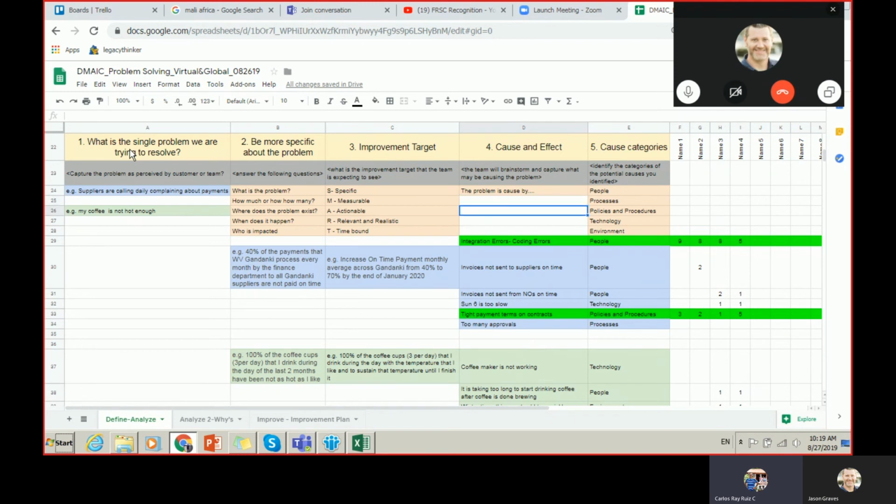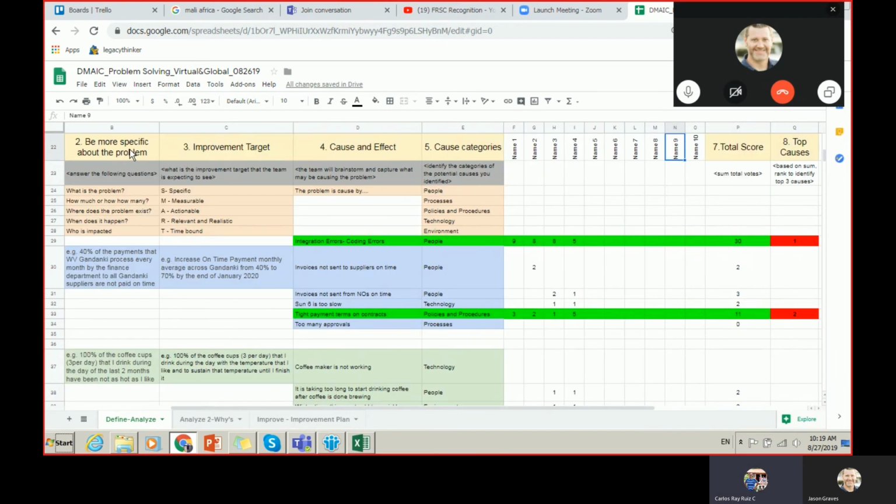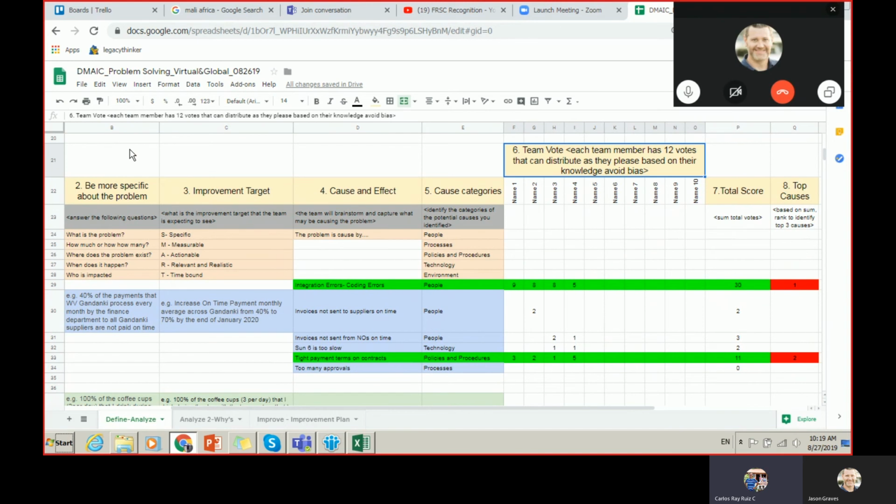So then you capture all that, and the next mission is voting. You're going to list the names of all the different team members here, and say, you guys have 12 votes. You're going to distribute those votes based on the different causes that you identified.